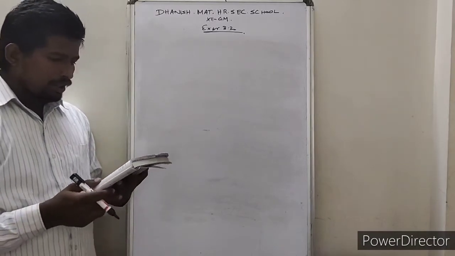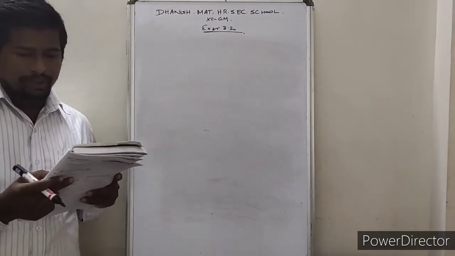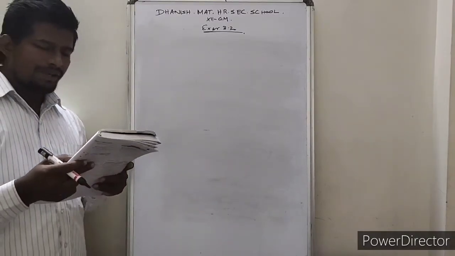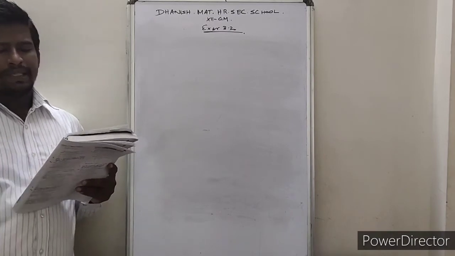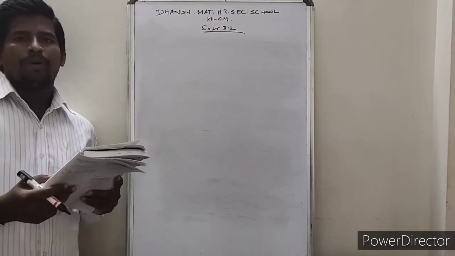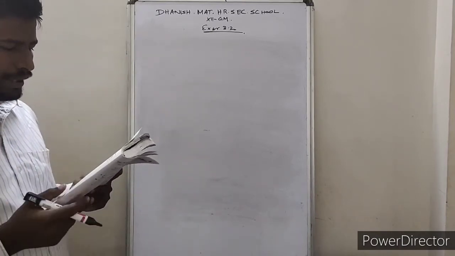If k is real, discuss the nature of the roots of the polynomial equation 2x square plus kx plus k equal to 0 in terms of k. Here we are going to discuss the nature of the roots. We already learned this type of problem in your 10th as well as 11th standard. So we are going to do the same thing.